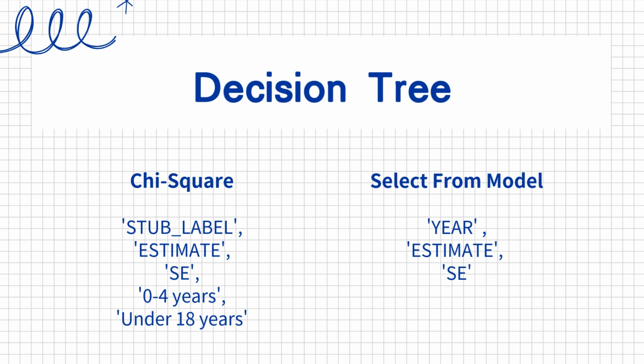The chi-square test identified 5 key features: STUB label, estimate, SE, 0 to 4 years, and under 18 years, resulting in an accuracy of 39.79%. Model-based feature selection, using feature importance from a decision tree, identified 3 key features, year, estimate, SE, and achieved an accuracy of 40.23%.